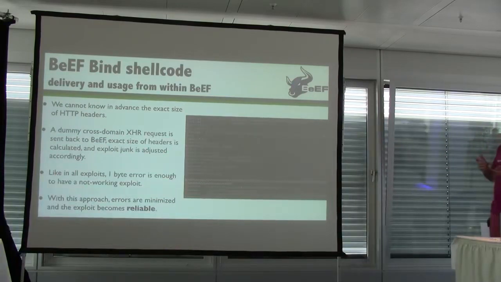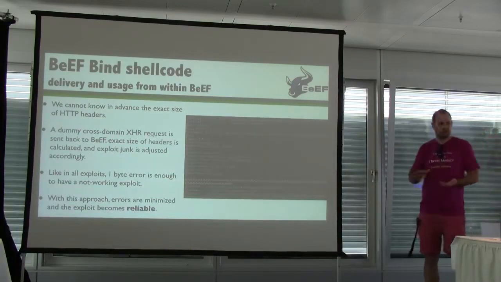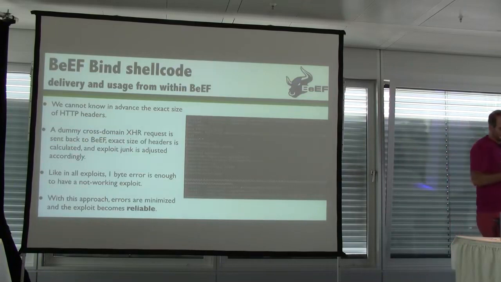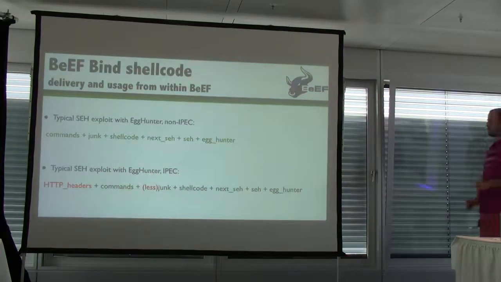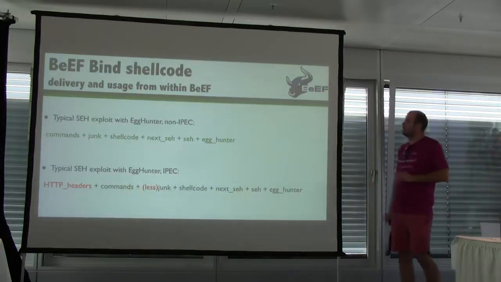In this way, you can have a super reliable exploit that is exact byte by byte, and you don't need to be scared that your shellcode is not properly landing. So for example, now there will be demos, so hold on.